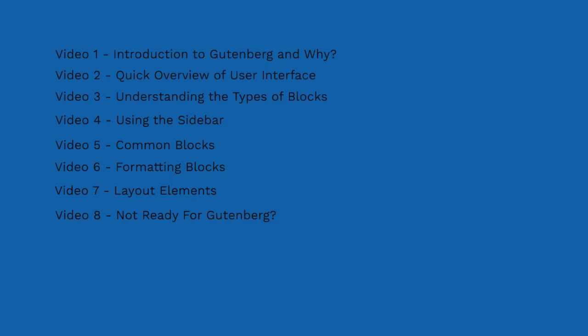How do you go about reverting to the old classic editor? And this is a big thing. A lot of people do not like Gutenberg, so they prefer to go back to the classic editor. So we want to make sure that you have the options available to you if you choose to go down that route. And of course, last but not least, we got video number 9, which is more editor options.